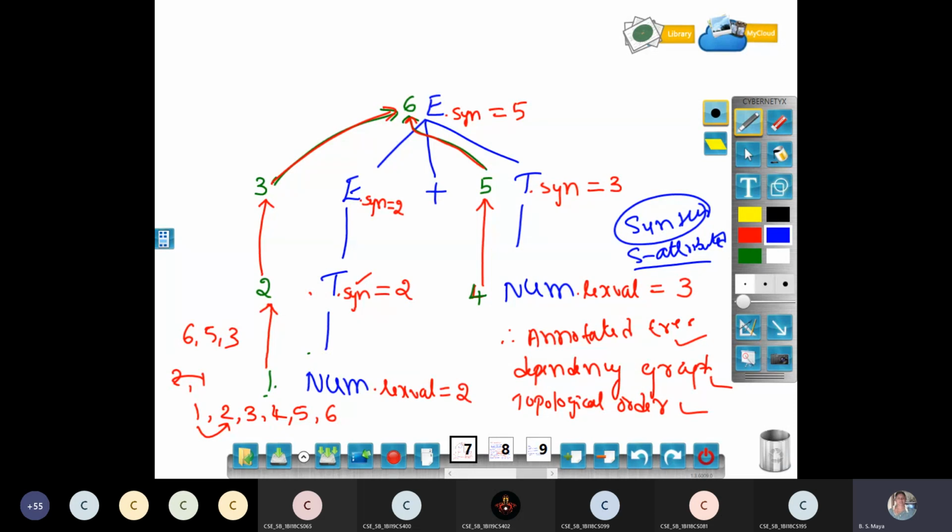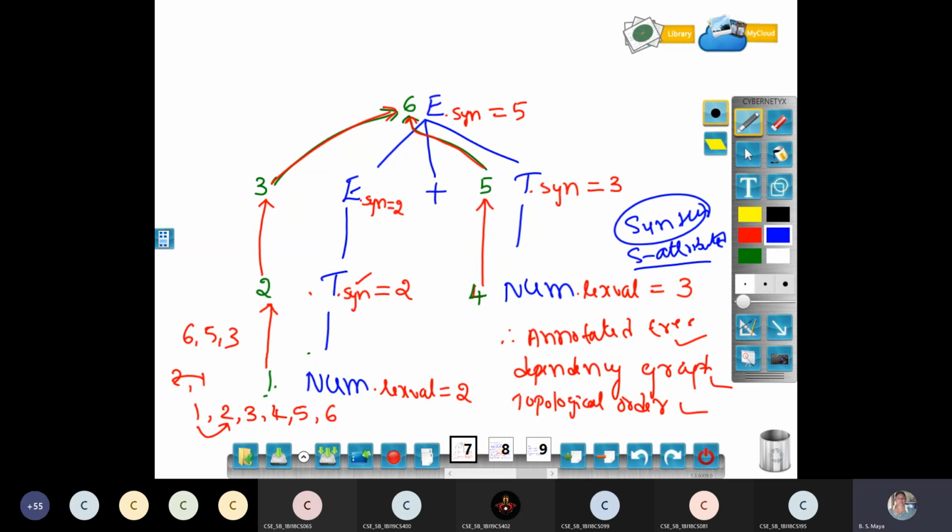Write down: an SDD that involves only synthesized attributes is called an S attributed definition.